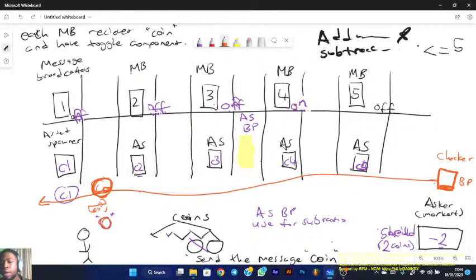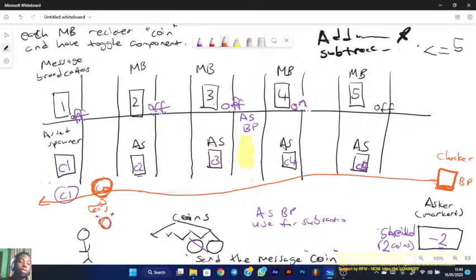So the player has 3 coins. They buy a shield for 2 coins, that is -2. So the subtraction basic platform moves 2 blocks to the left. After 5 seconds, it dies and turns on the checker.